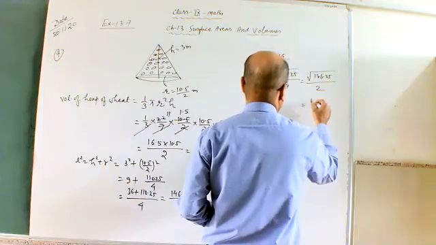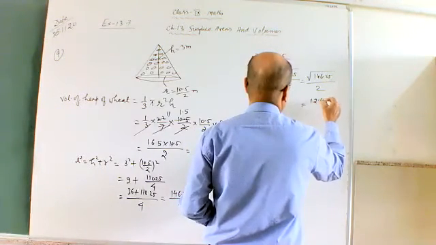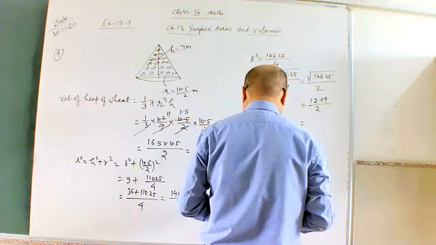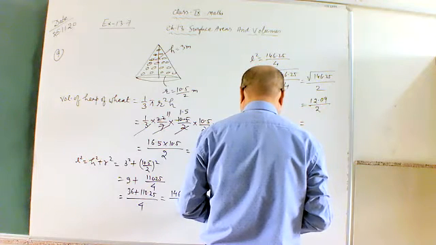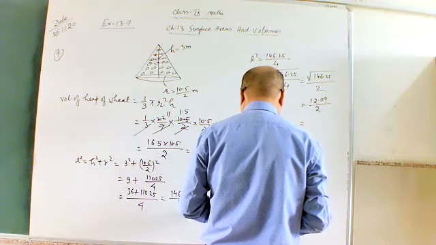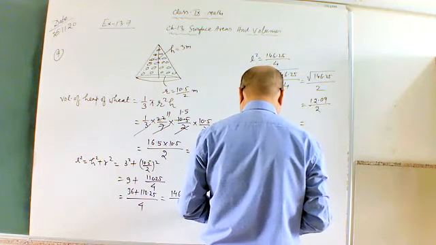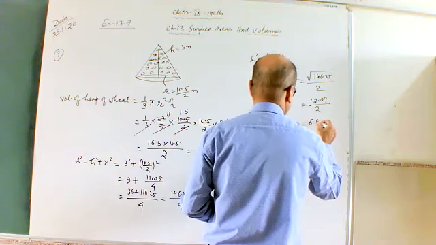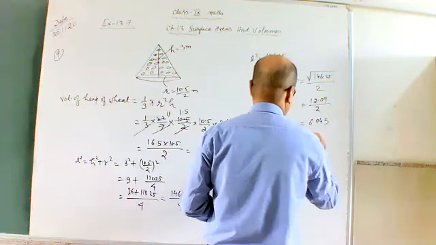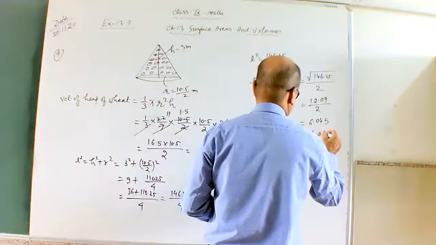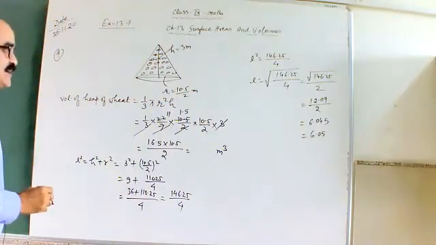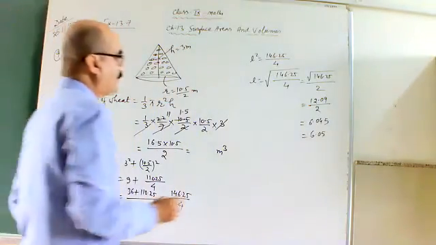That is 12.09 divided by 2, that will be equal to 6.045. So you can write approximately 6.05. Okay. So this will be approximately 6.05 for L.